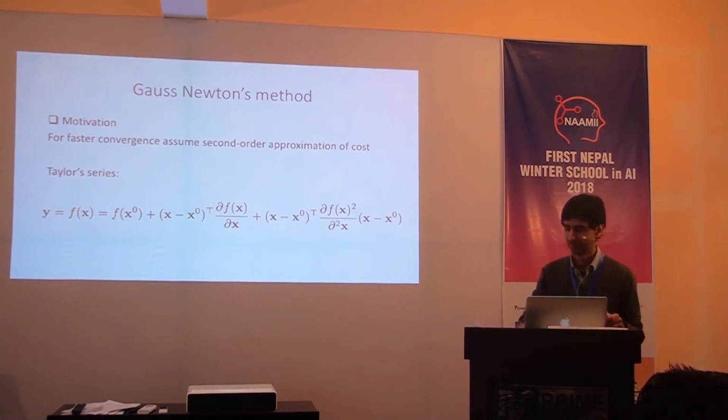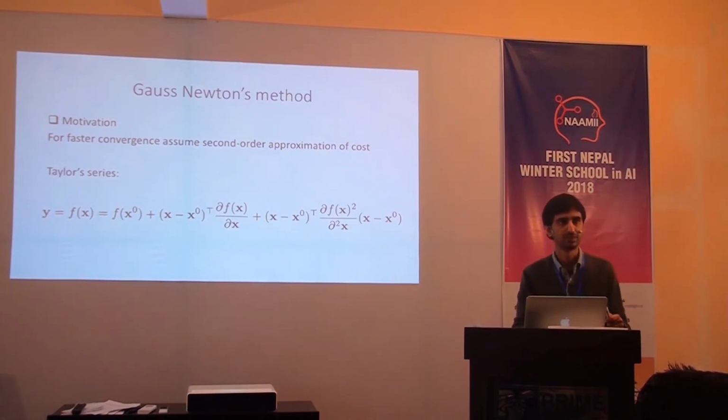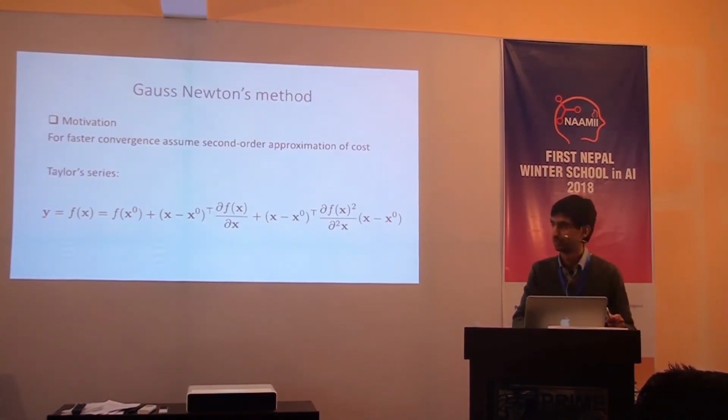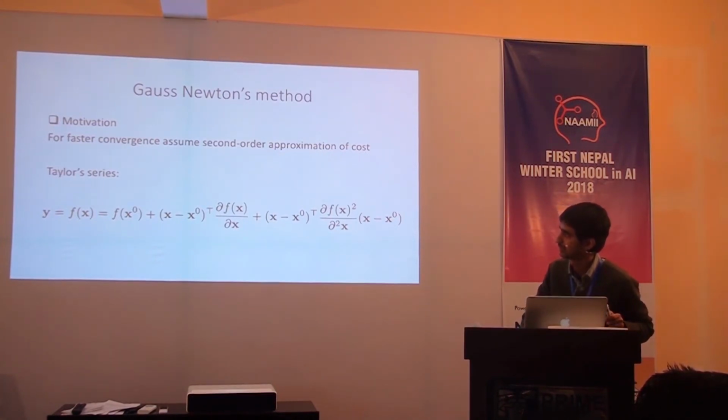So that's the motivation. In Gauss Newton, again, you optimize not the vector component, but the vector norm squared. So the function to be optimized is not f of x, but f of x norm squared. So y norm squared. And what you do is you linearize y, meaning that you put this to be 0.